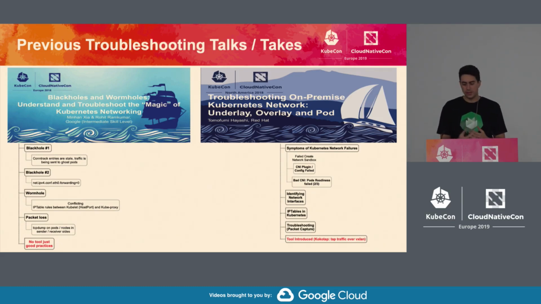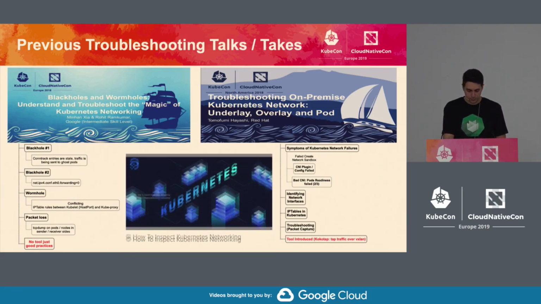He also talked about how you can identify network interfaces, and how iptables rules in Kubernetes come from different sources. And he also proposed a troubleshooting tool called CocoTap, which allows you to tap traffic from certain worker nodes to the master node by attaching VXLAN interfaces to workers.